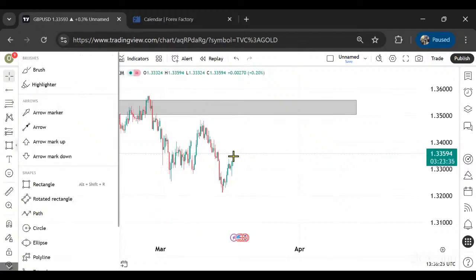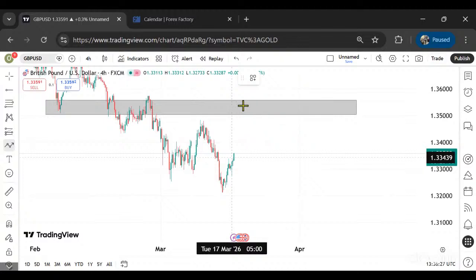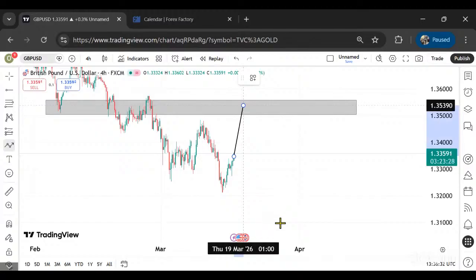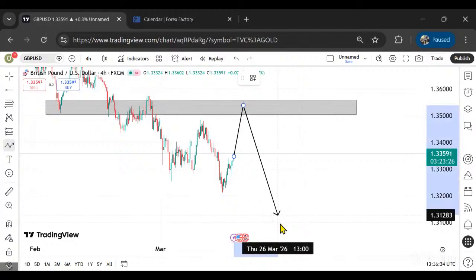If I can see a pull up from this level on GBP USD, then we sell from there.